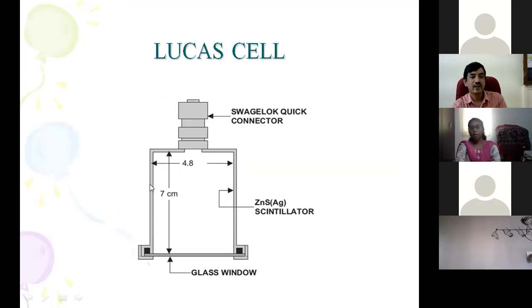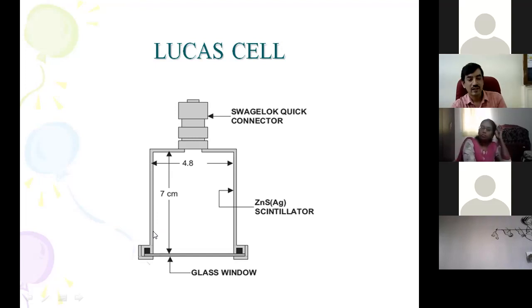And now it will undergo radioactive decay. Radon will undergo radioactive decay by emitting alpha particles. After the decay, these alpha particles will hit the surface of the inner walls, which is coated with zinc sulfide scintillation material. With this interaction, we will get a flash of light. A light scintillation is emitted from the detection material.